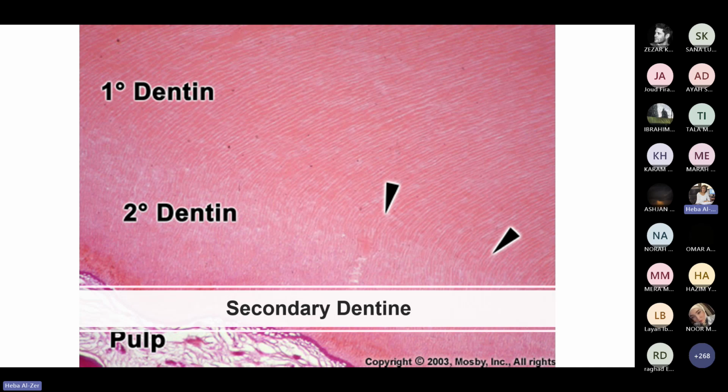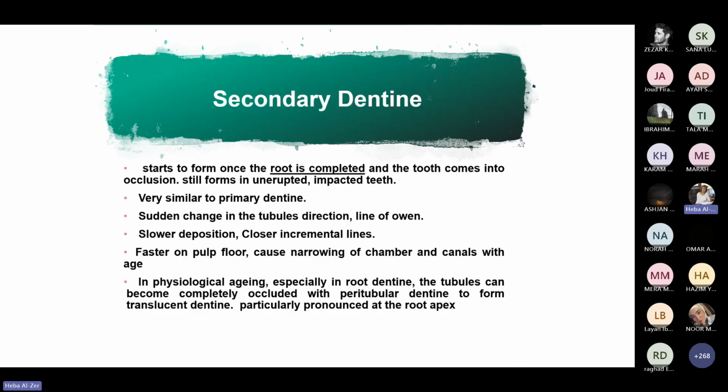This is the third time we mentioned this in this lecture, so I think now it's very obvious and clear to you. It has a slower deposition. The incremental lines are closer, of course, and the secretion of it is faster on the pulpal floor. With age, the more secondary dentine deposited, the smaller the pulp chamber and the roots become.